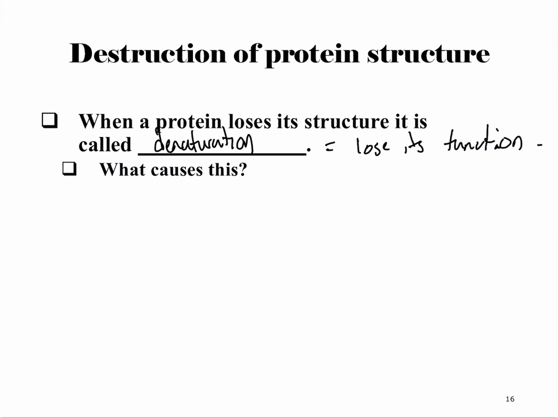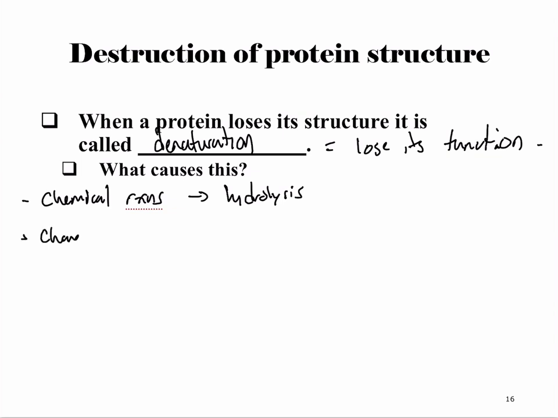And so what causes proteins to lose their function and lose their structure? Well, we can have chemical reactions, and this would be hydrolysis, which we've talked about before with other functional groups. Here we'd have hydrolysis of an amide, right? You destroy the primary structure, you destroy the structure of the protein.